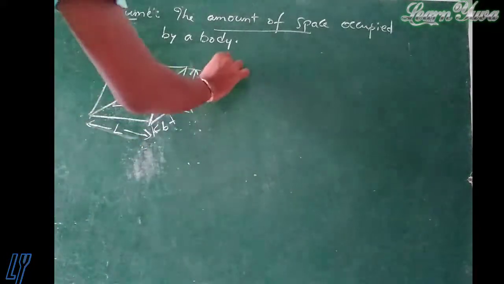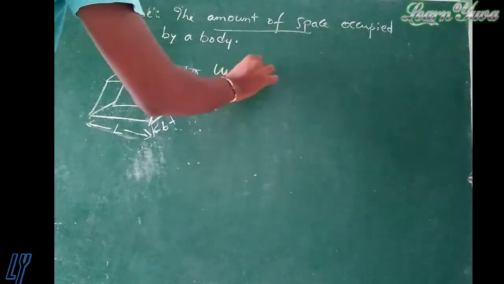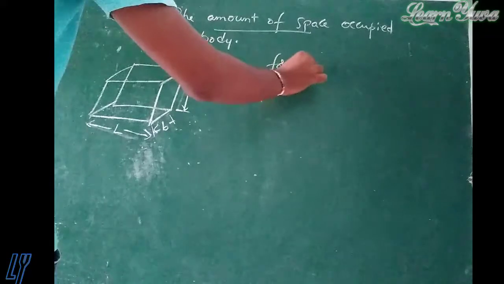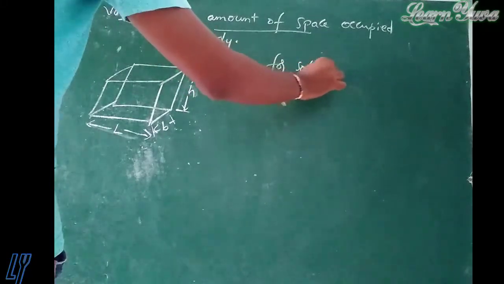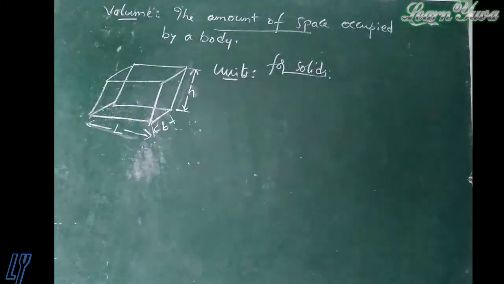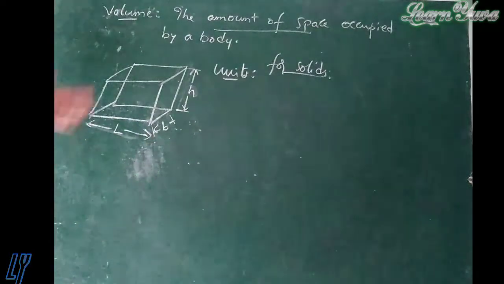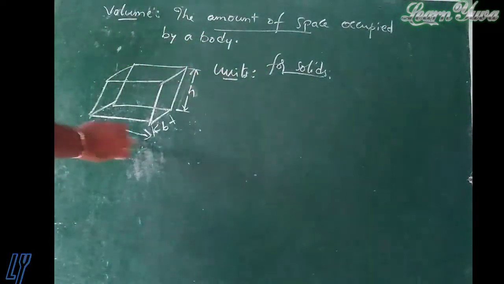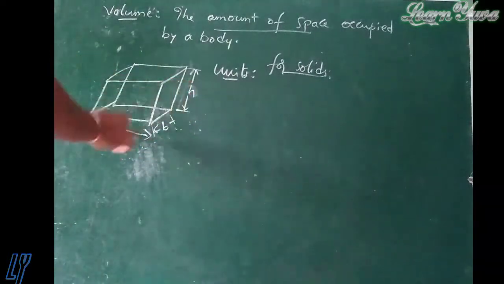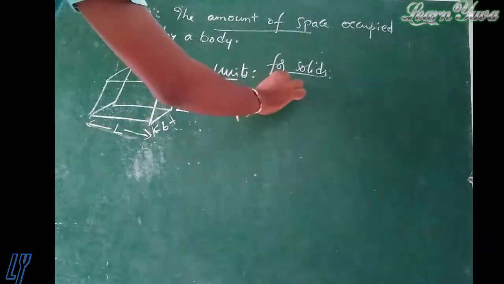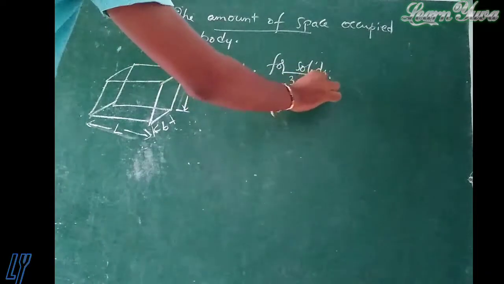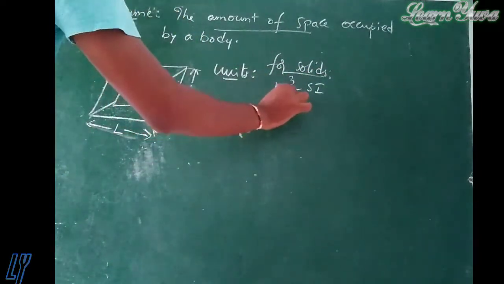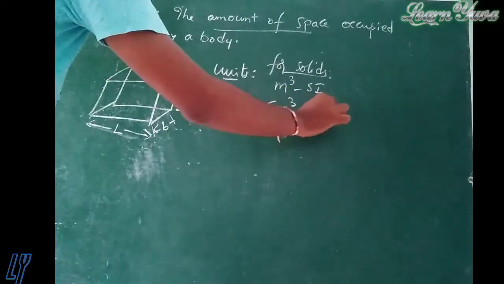Coming to the units for solids: solids are hard materials, and those only have length, breadth and height. For solids, SI unit is length meter, breadth meter, height meter. So meter into meter into meter, meter cube, is the SI system. Centimeter cube is the CGS system.